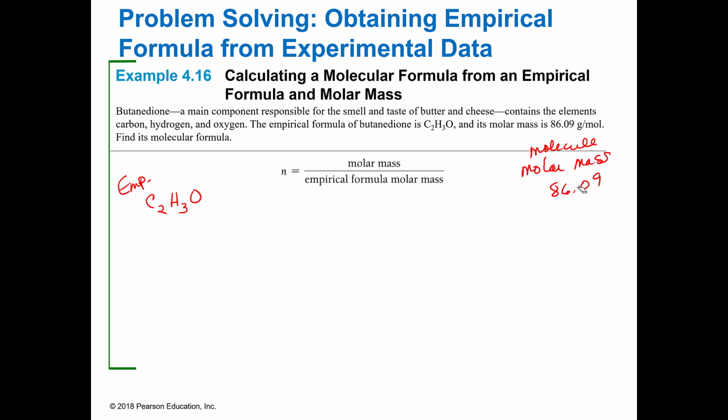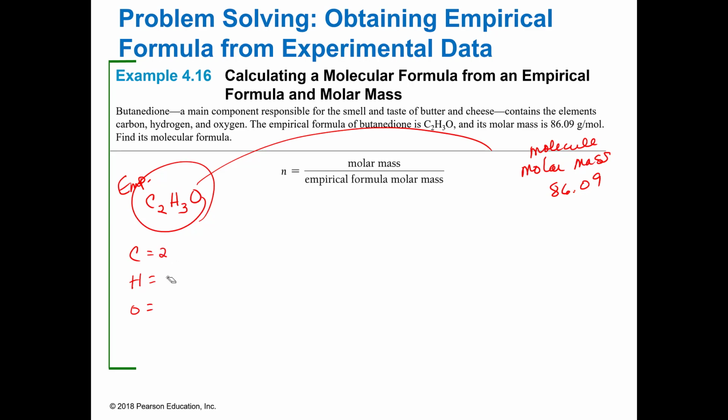So all I have to do is I'm going to compare the molar mass of my empirical formula to the molar mass of the molecular formula. So I do the same old song and dance I've been doing. I'm going to get the molar mass of the empirical formula.